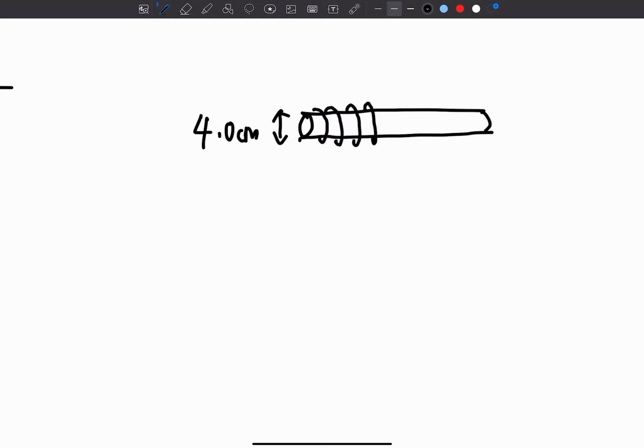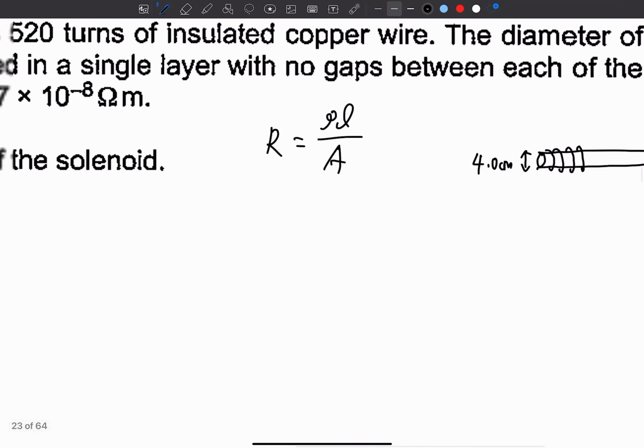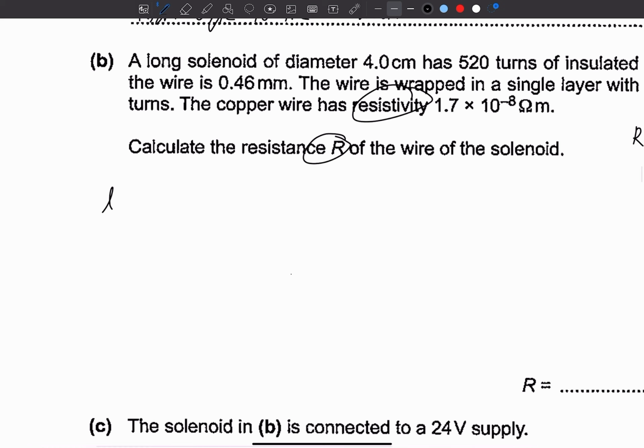So, in order to find the length of wire used for one round, we essentially have to find the circumference of one circle. So the circumference of one circle would be 2 pi r. Okay, so that's one circle. And since there's 520 circles, we just have to multiply this number by 520.